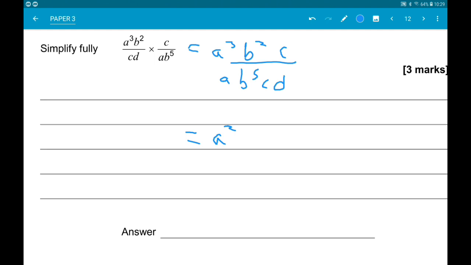Next, we have b squared on top and b to the 5 on the bottom. So that's going to leave a b cubed on the bottom. The c's cancel out, and then we're left with a d on the bottom.